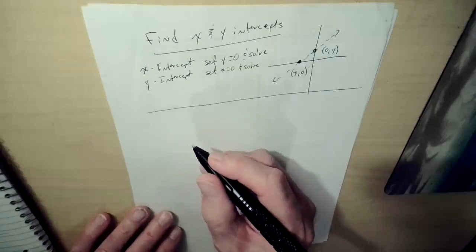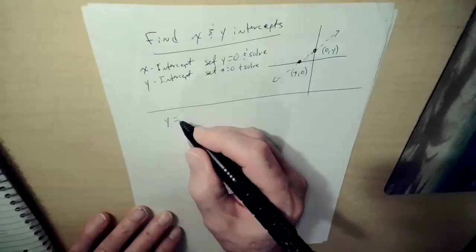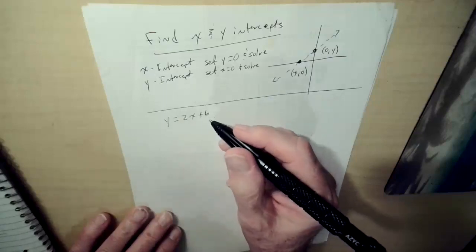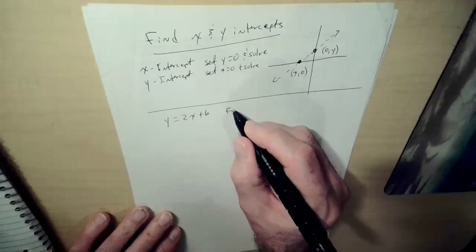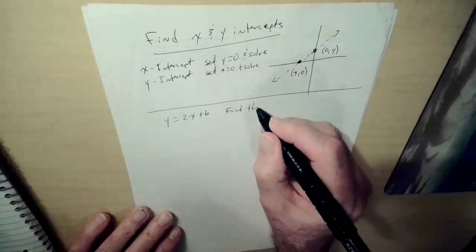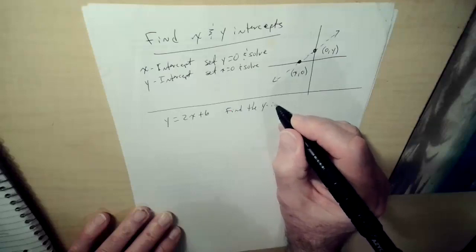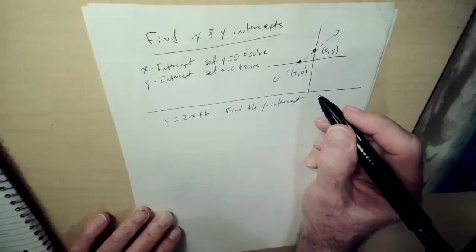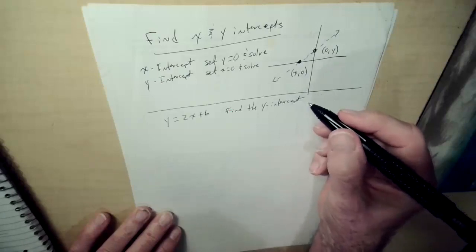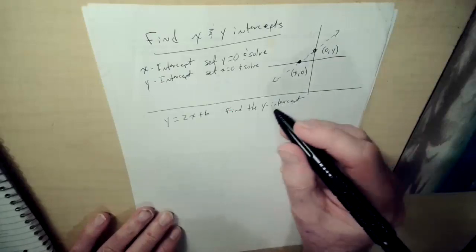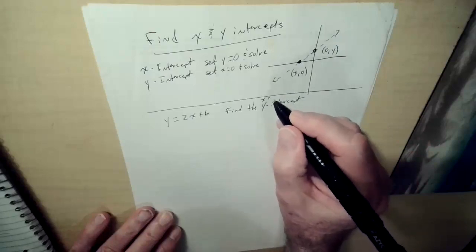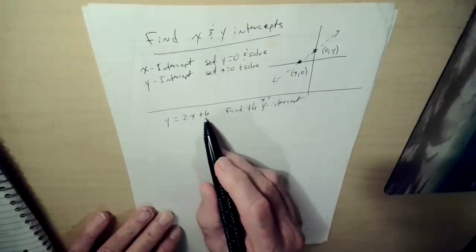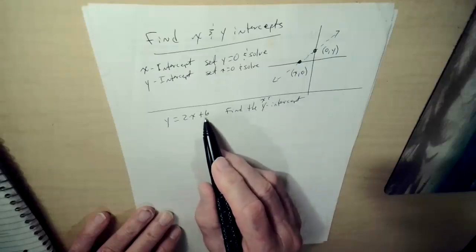Okay? So what if you're given this? If we have y equals 2x plus 6, find the x and the y intercepts.